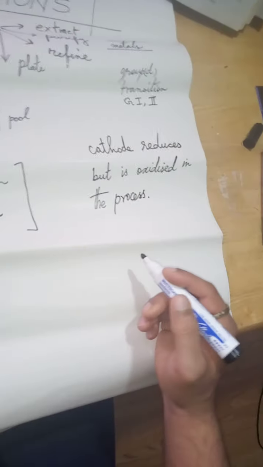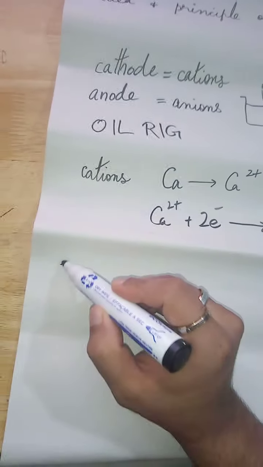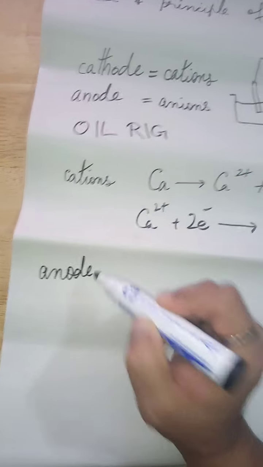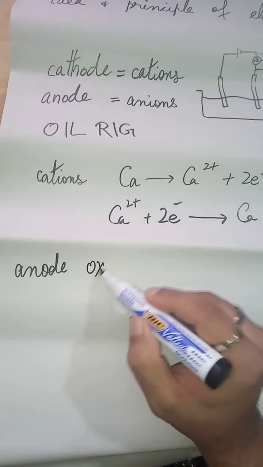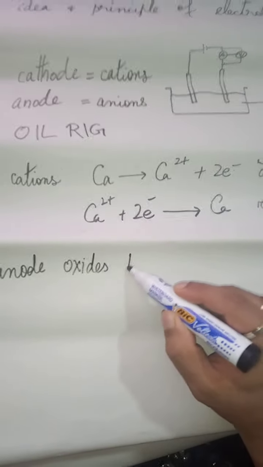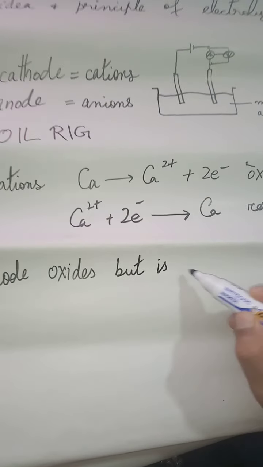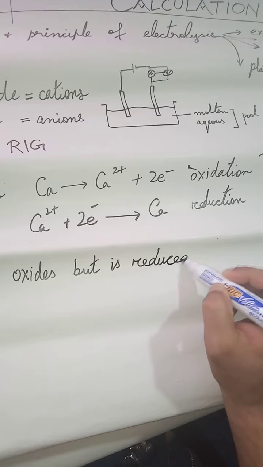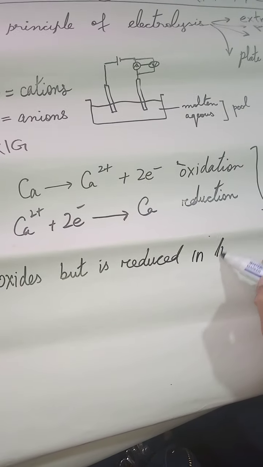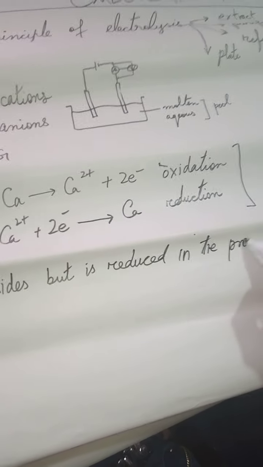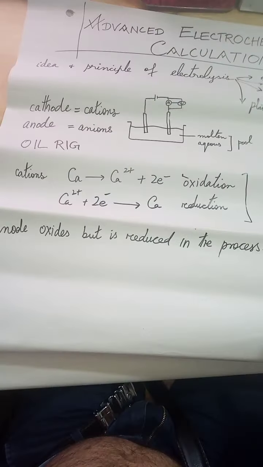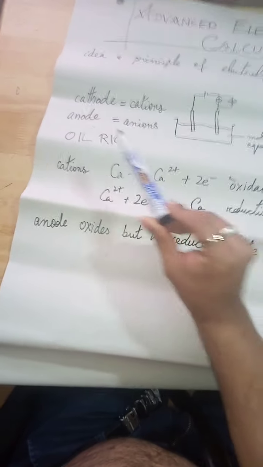The anode does the exact opposite. The anode oxidizes, but is reduced in the process. So now you can see: cathode, cations, anions, OIL RIG.